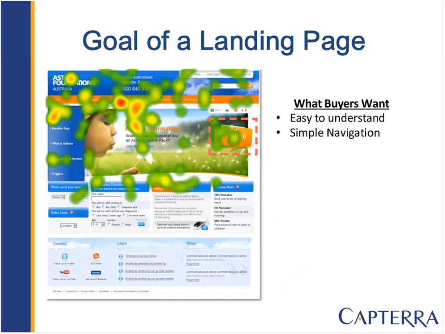There have been a lot of studies using heat map technology to understand how buyers interact with a website and how you can draw emphasis on certain parts of your website through design, which we're going to talk about a little further on in the webinar, but also just in general, how buyers interact in terms of how they simply read on the page, so left to right.